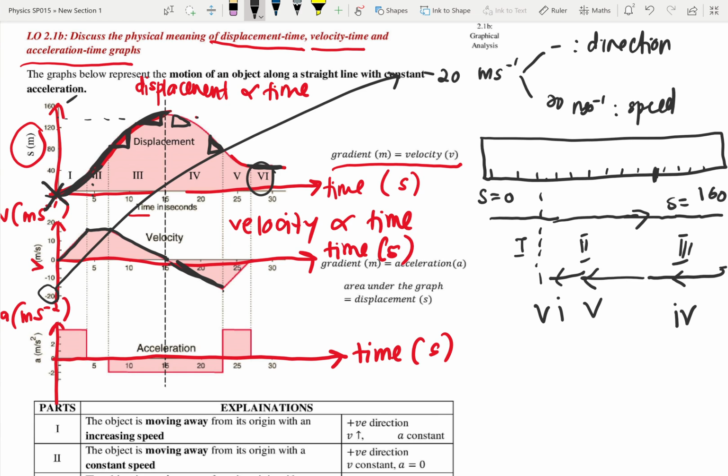That means the speed at area 4 increases from 0 to 20, and it is negative because the direction is to the left. And then part 5, this one.